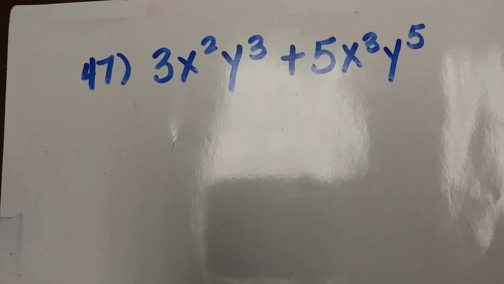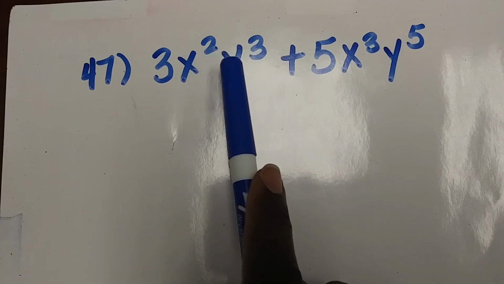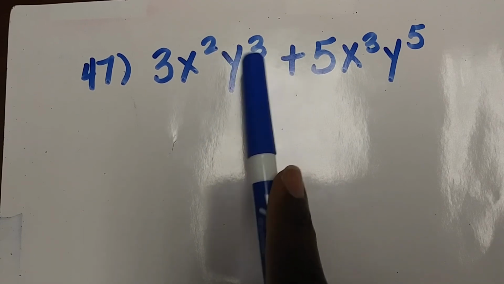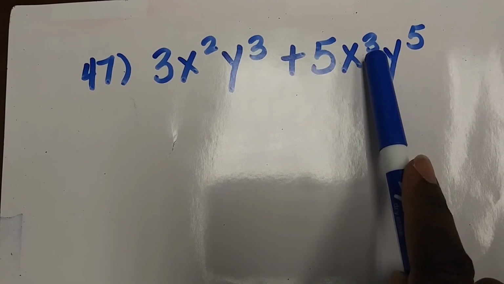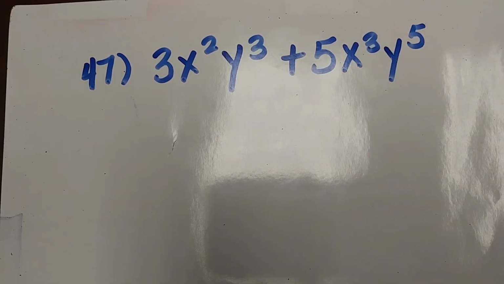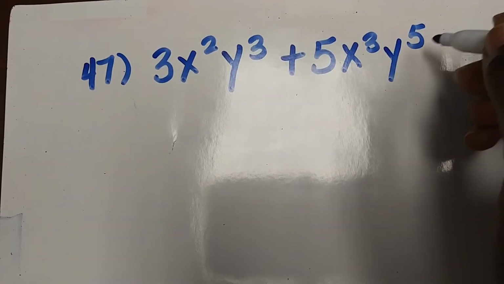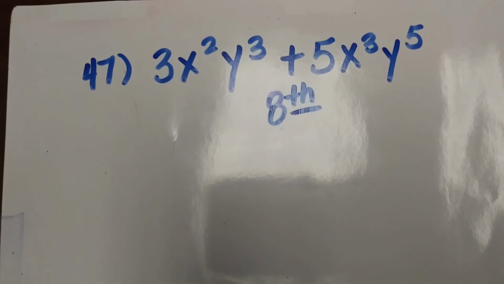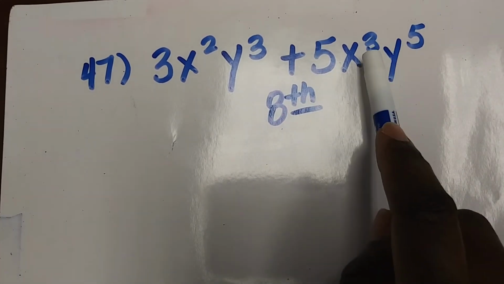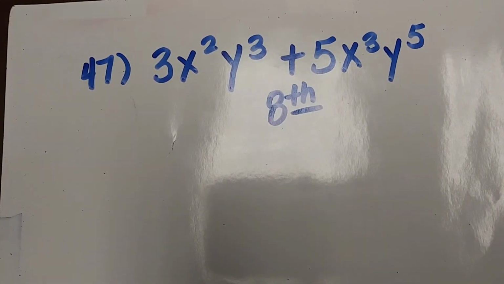I see a variable of x and y, and we ought to take the sum of those exponents. So we know the word sum means to add. If I look at my sum here, 2 plus 3 is 5. And then if I look at my sum here, 3 plus 5 is 8. So my degree is 8, because 3 plus 5 gives me 8.